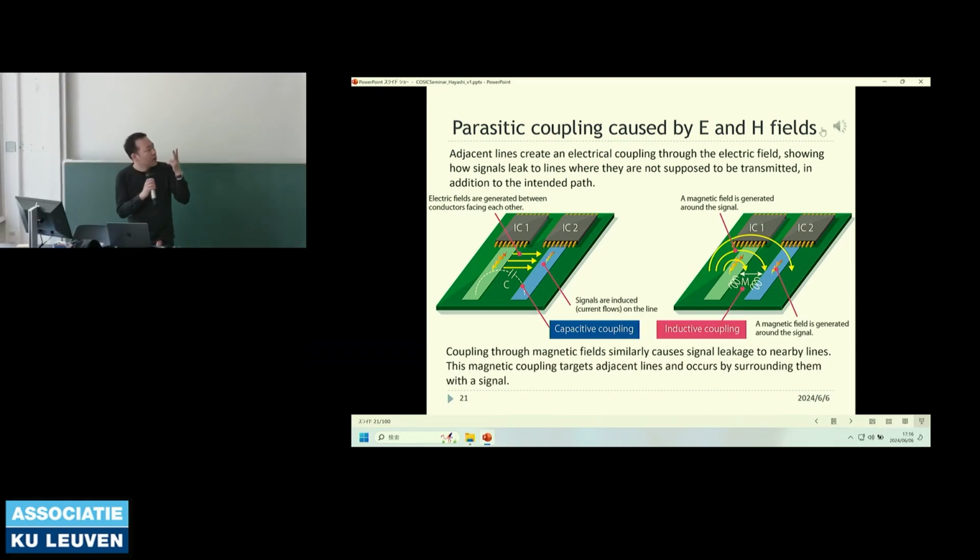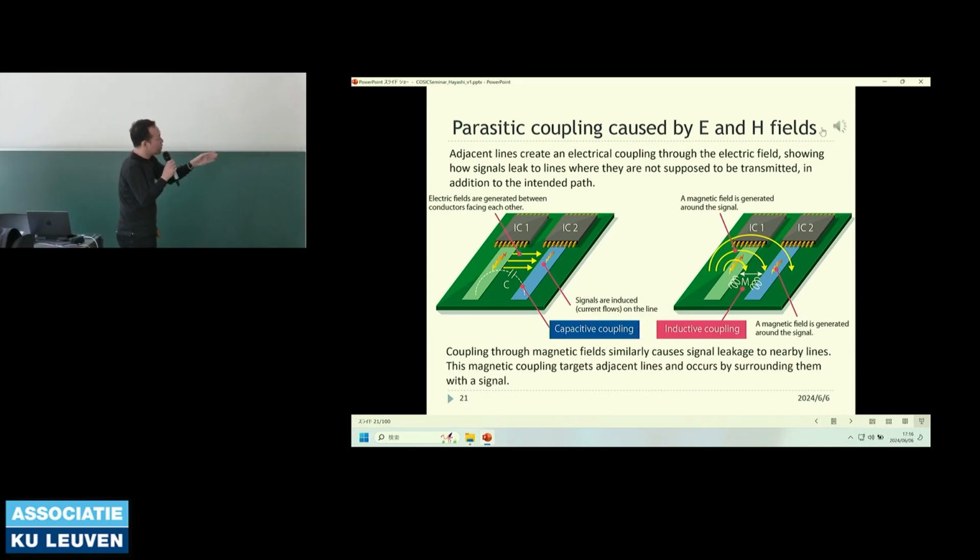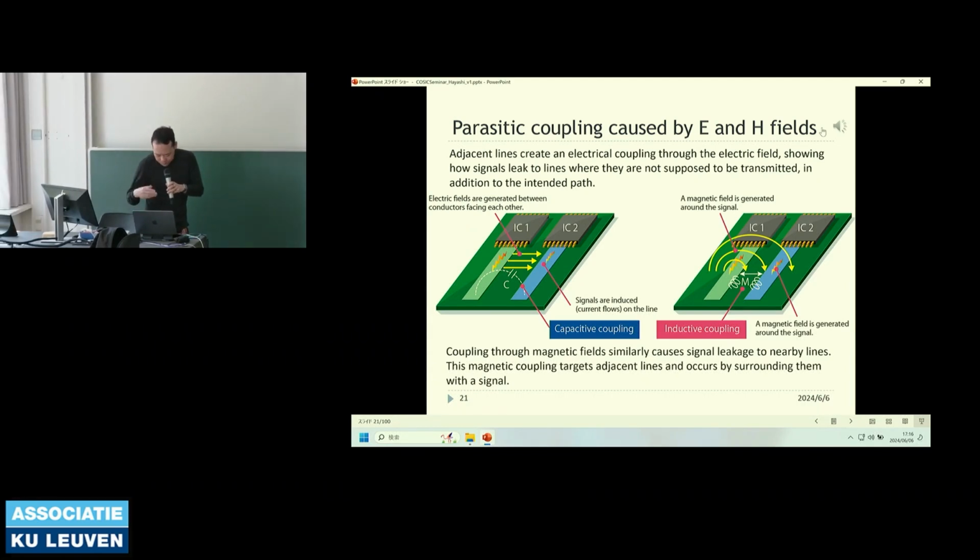These two coupling paths leak the signal to other transmission lines. So this is the main factor of the coupling path.